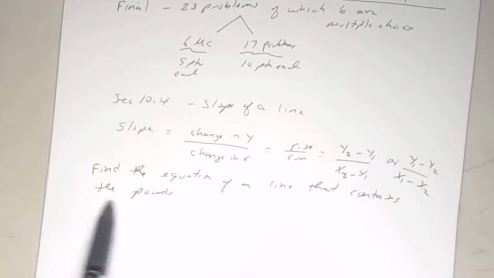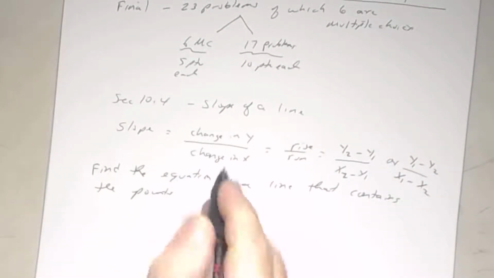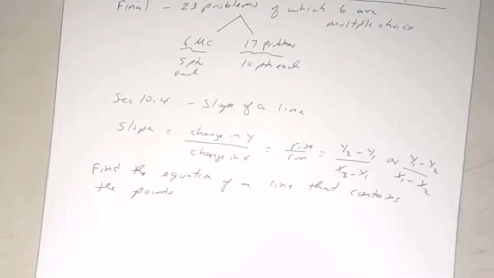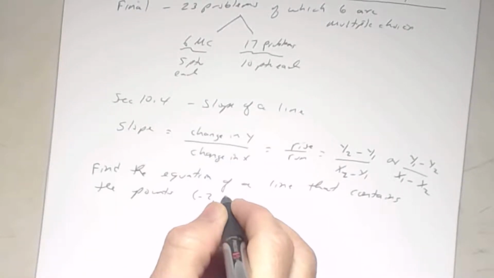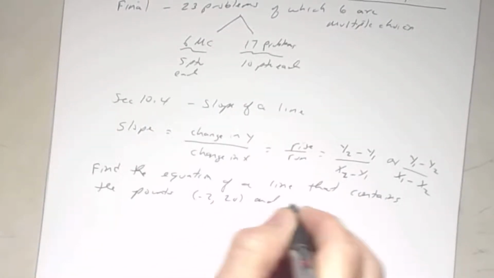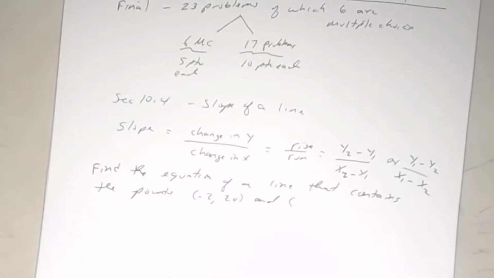All right, so find the equation of a line that contains the points. Let's say the points are -2, 20, and again, I have to make sure it's an integer.